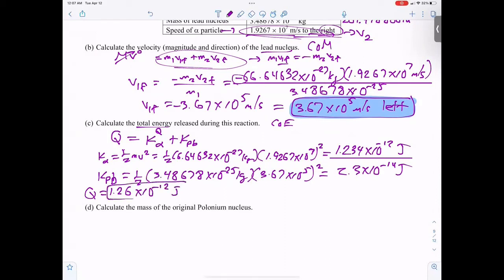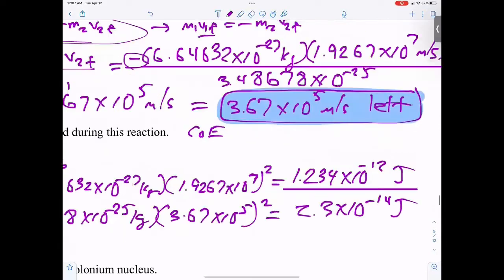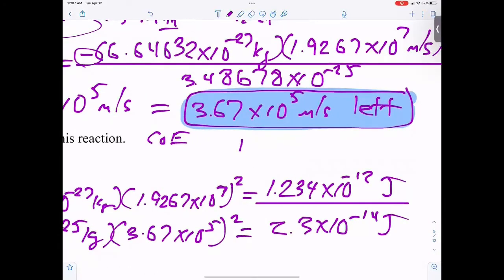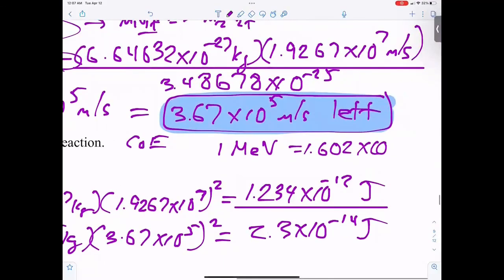Now, that's one way to answer this, okay? But do keep in mind that there is a conversion. 1 mega electron volt, we talked about electron volts in our atomic and quantum physics unit earlier, is equal to about 1.602 times 10 to the negative 13 joules.